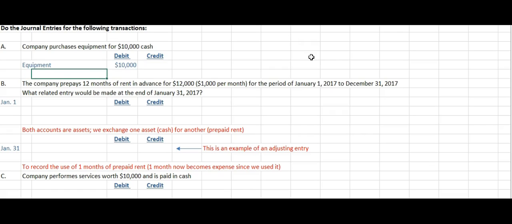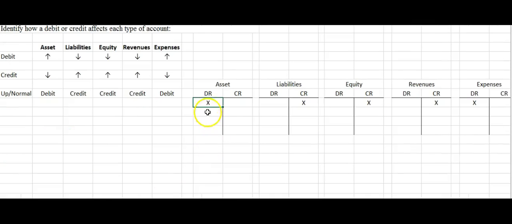And what's the asset that you lose? Well, the asset that you lose is cash, right? So cash goes down by 10,000, equipment goes up by 10,000. You're exchanging one asset for another. Remember that I told you that assets go up with a debit, so you put a debit in equipment to bring it up, and you put a credit in cash to bring it down.